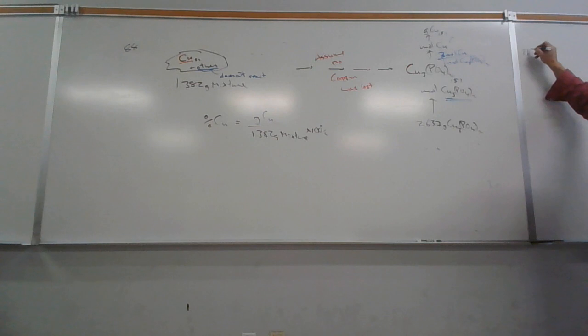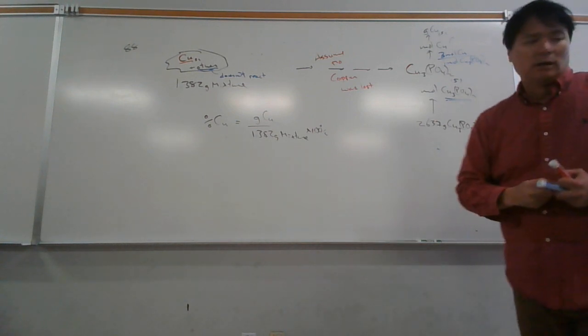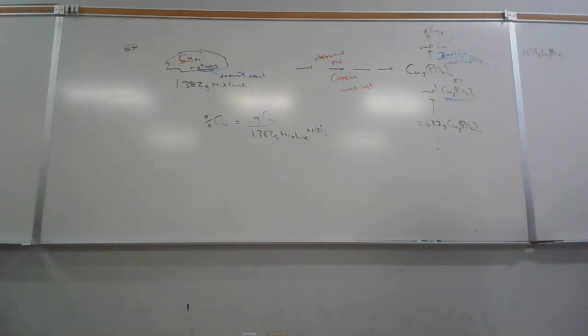It's going to be 2.637 grams of pure copper phosphate that was precipitated, Cu3(PO4)2. Okay, what's the molar mass of Cu3(PO4)2? I don't want to calculate that. And so I'm just going to look that up. Copper phosphate. Copper 2 by far is the most common.